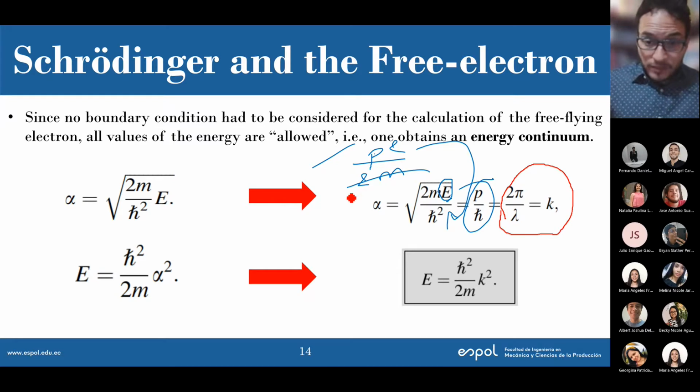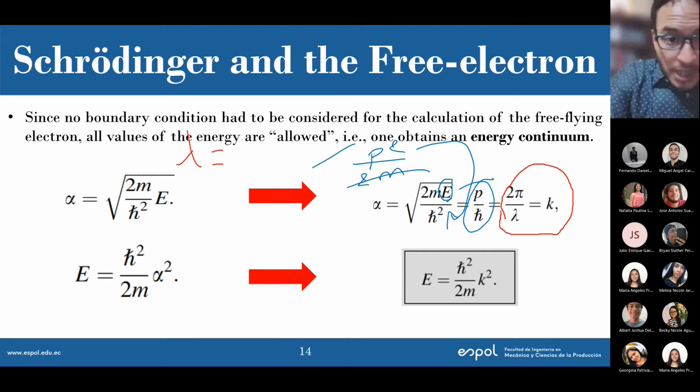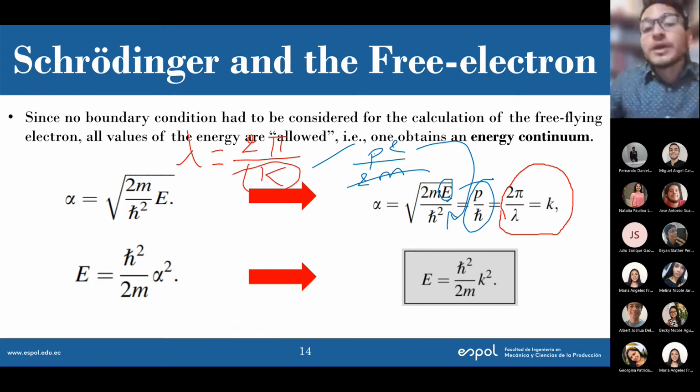Well, there is a key equation that says that the wavelength is equal to the inverse of the wave number, and this is what matters now, the wave number, that's k.